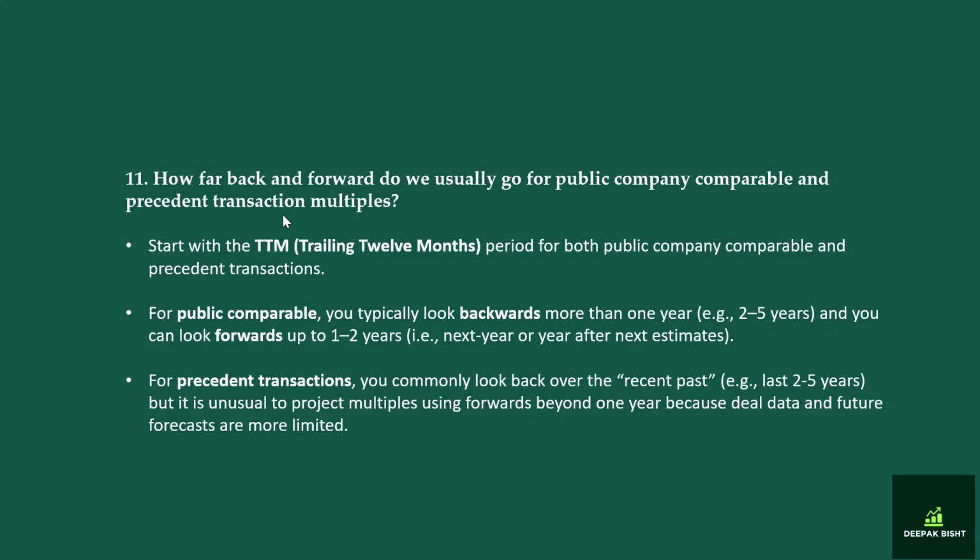Making longer forward projections is less actionable. Once a company is public, everyone is covering it and there will be consensus data, but this is actually a private company now.